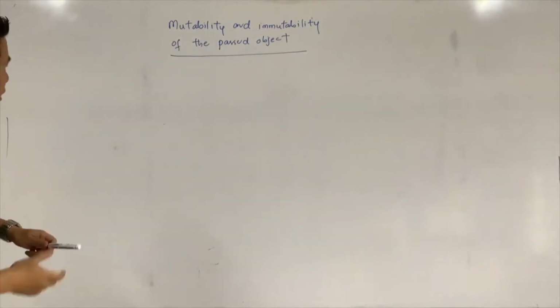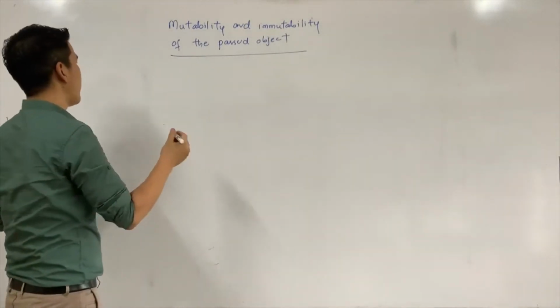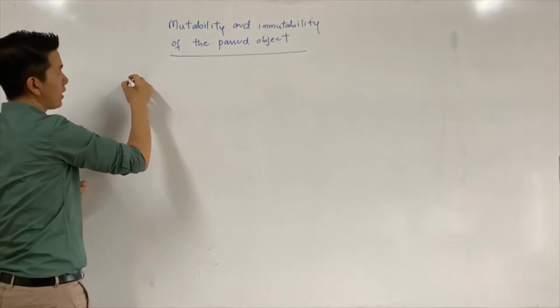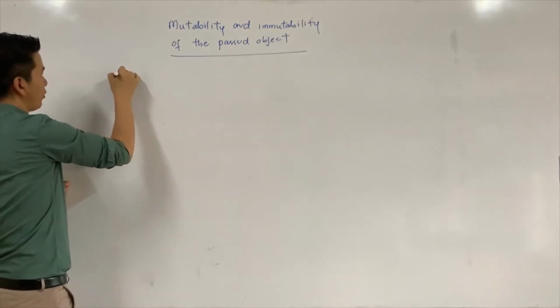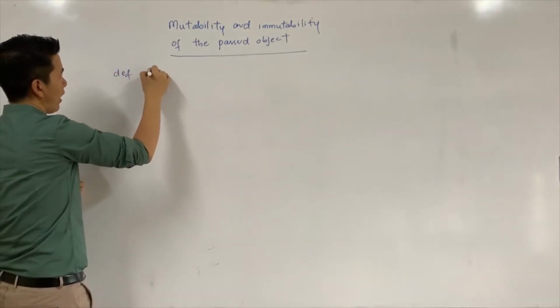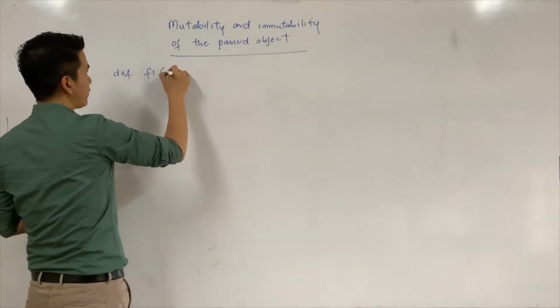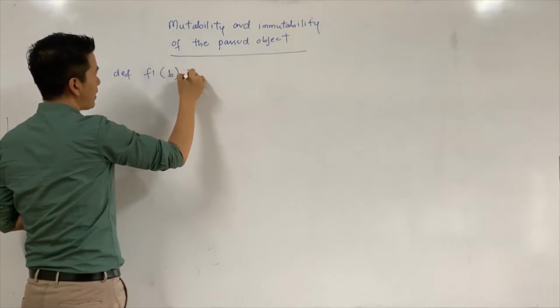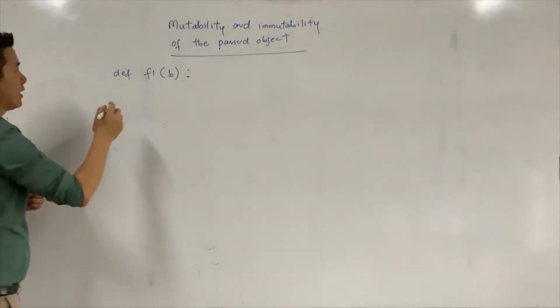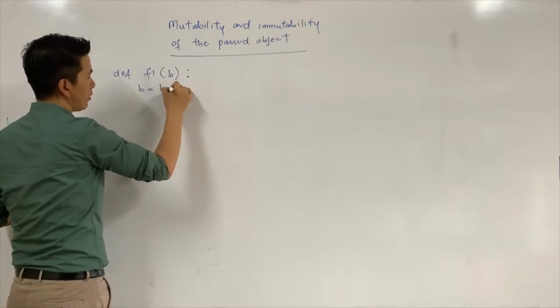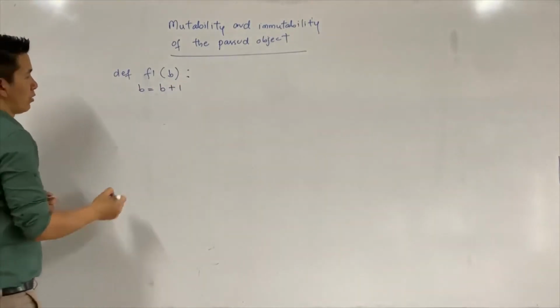Now, the example could be like, let's say you have a function defined with def, and then you have f1, and it will receive the parameter b, and then b is equal to b plus 1, right?